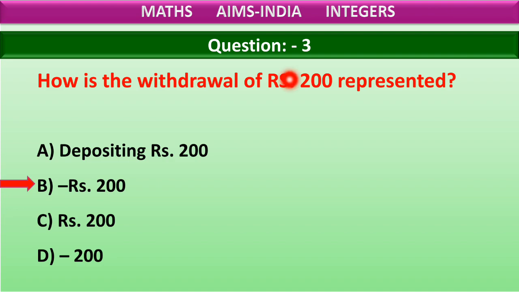It's not like owing money here. We are taking out from the money which we already had, right? We had, let's say, 1000 rupees in our bank and now we are taking out 200. The balance will be reduced by 200 rupees. So as the balance will be reduced, we use the negative sign.